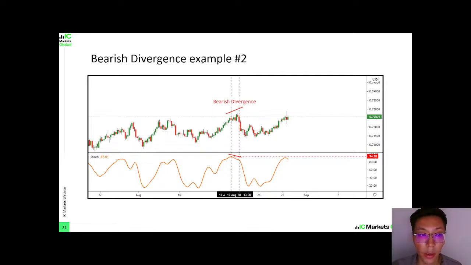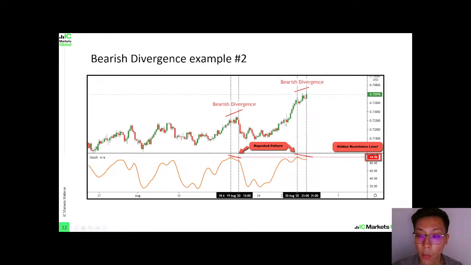Right here we also have bearish divergence on the chart itself. So what can we see? We can see how price has a repeated pattern. So this is what we call a hidden resistance level. Then we have bearish divergence as well, so we are expecting a strong sell off from this level.